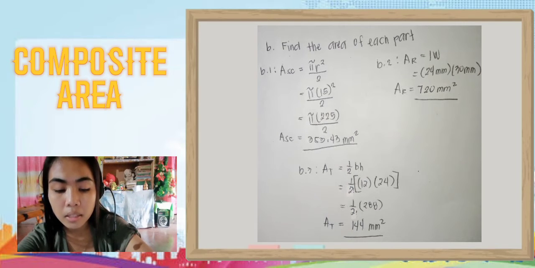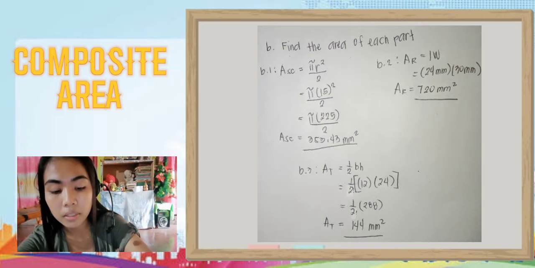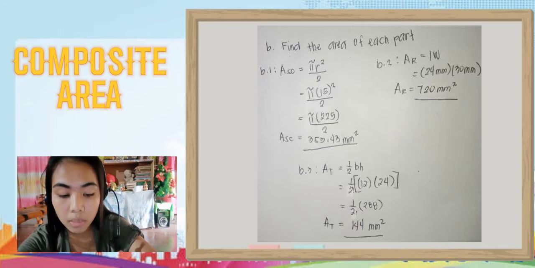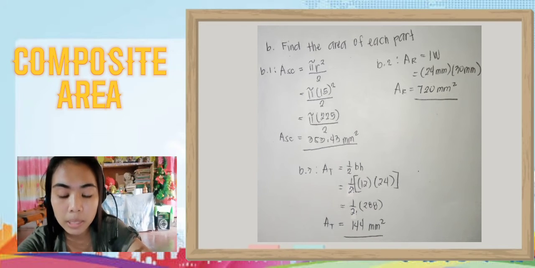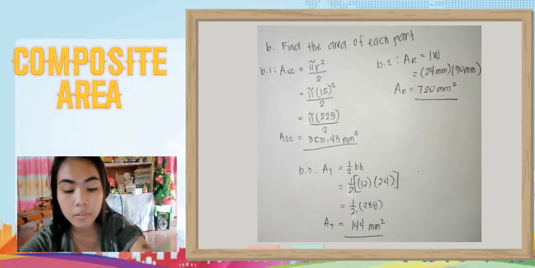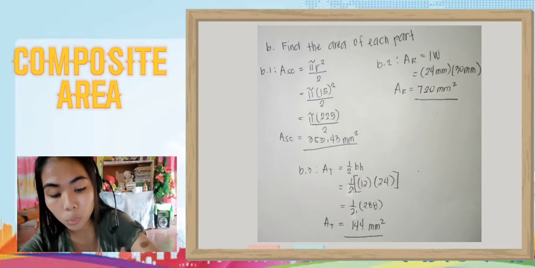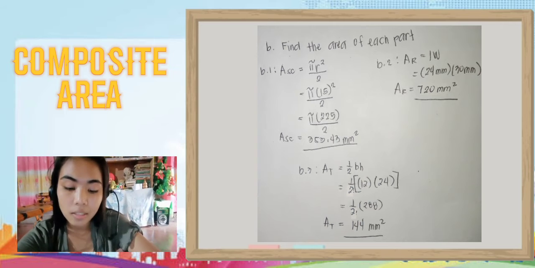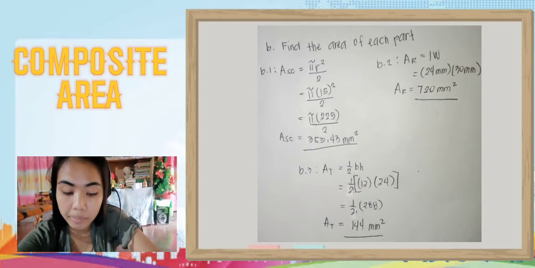We will do the same for the rectangle and triangle. The area of a rectangle is equal to length times width. So, our length is 24 millimeters, since it is indicated there, times the width, which is 30 mm. So, the area of the rectangle is equal to 720 millimeters squared. The area of the triangle is equal to 1/2 base times height.